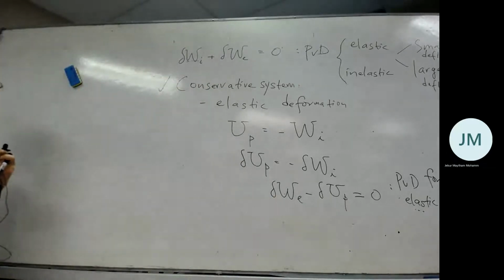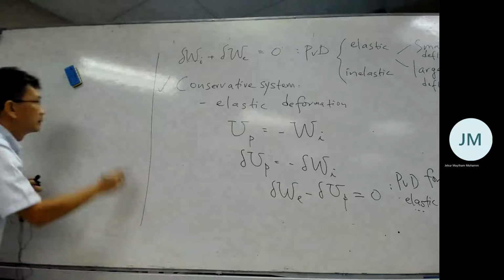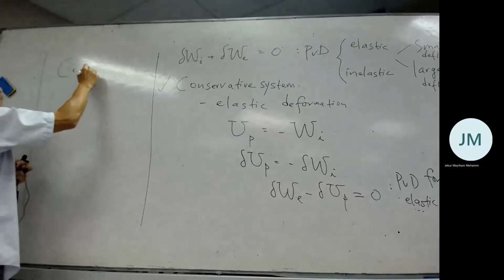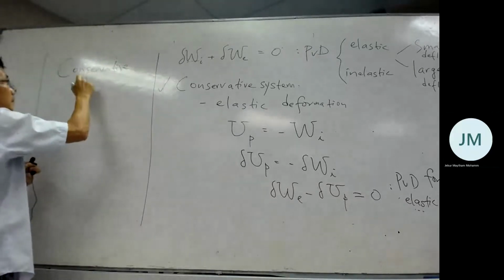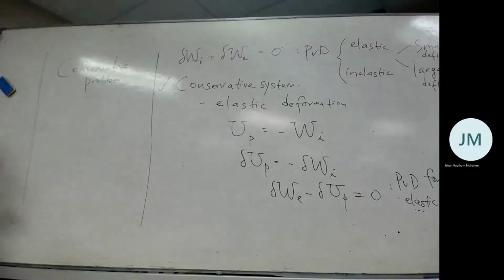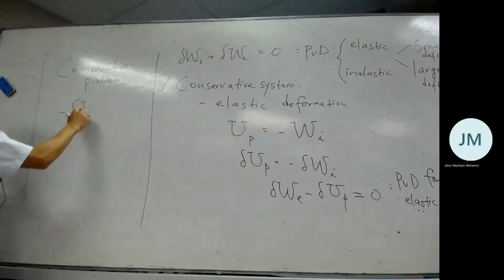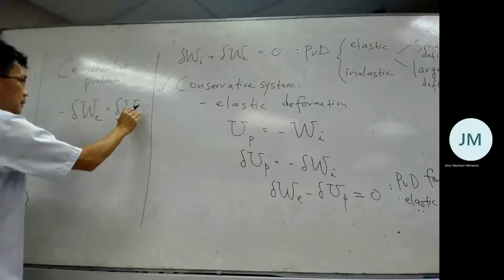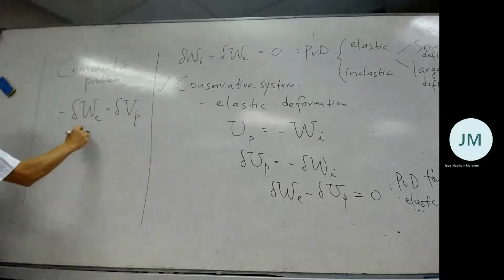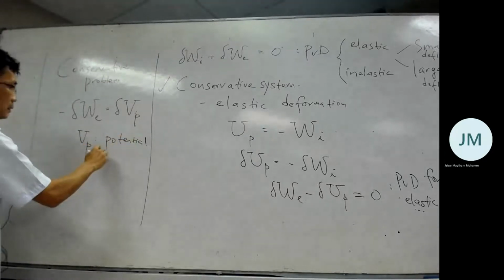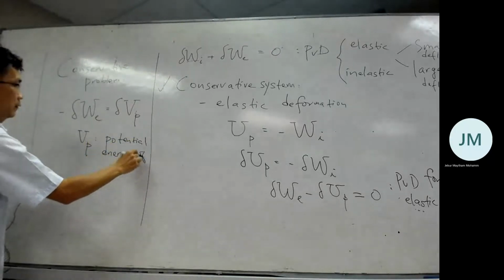Now, for conservative problems or systems, we can relate negative of this to delta Vp, where Vp is potential energy of external load.